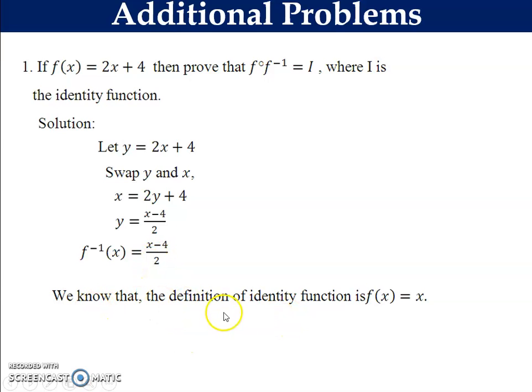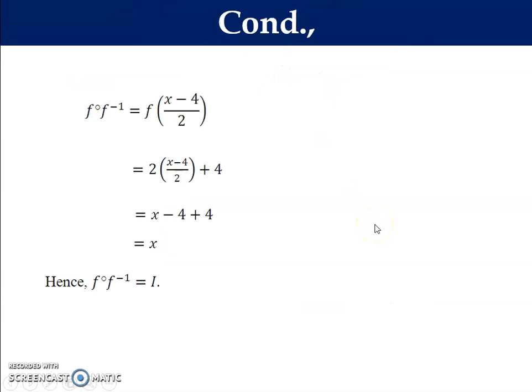So we know that the definition of the identity function is f of x equal to x. So when we take the composite function of f inverse, we get I. So f composite f inverse is nothing but f composite f inverse of x.